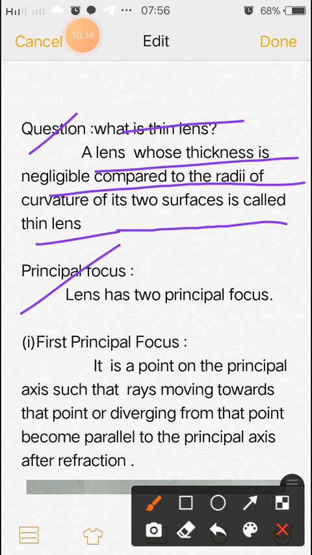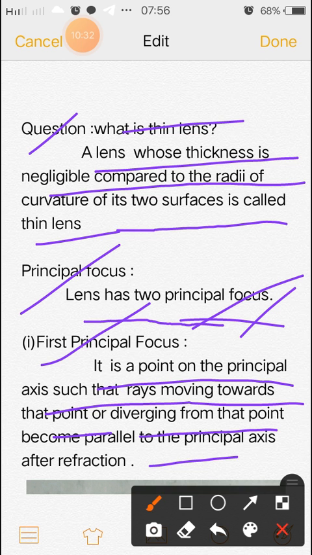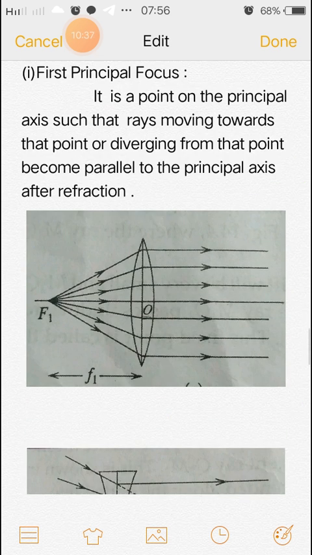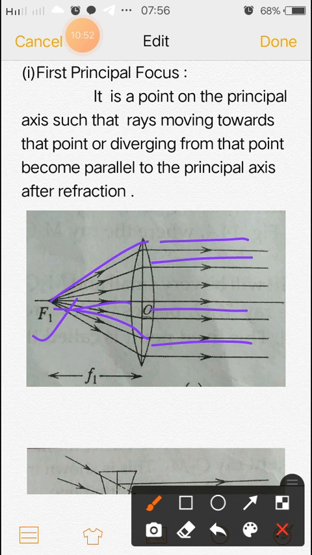The second definition: what is principal focus? A lens has two principal foci, very important. First principal focus: it is the point on the principal axis such that a ray moving towards that point or diverging from that point becomes parallel to the principal axis after refraction. You can see this is the point from which the light ray comes, and after refraction it passes parallel.